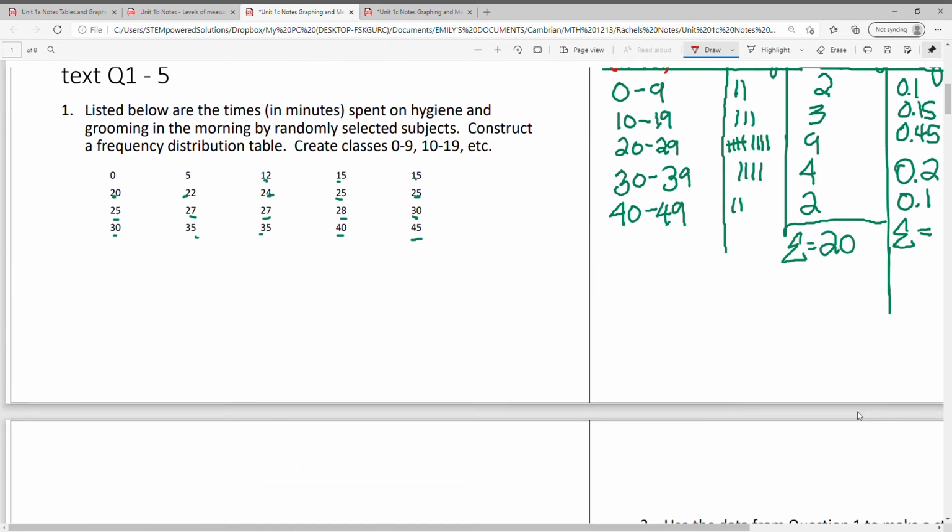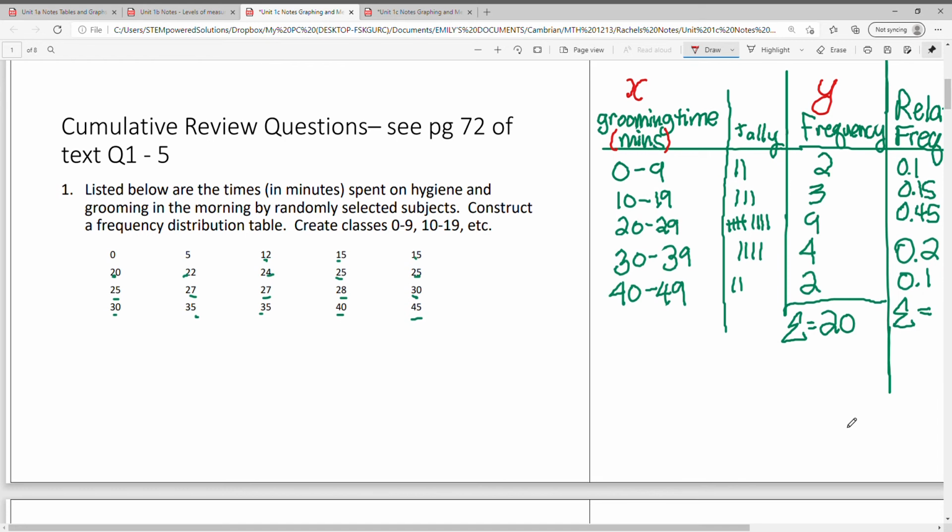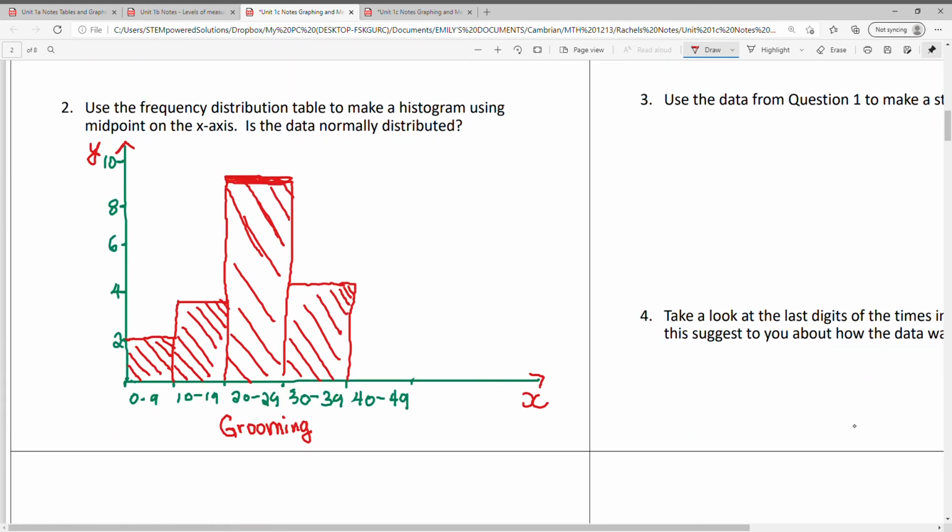Last but not least is the 40 to 49 minute grooming time, where 2 people were recorded, and we will draw the last bar just like this. And there you have it, we have our grooming time histogram. I'm going to label the units: grooming time in minutes, and frequency is on the y-axis.